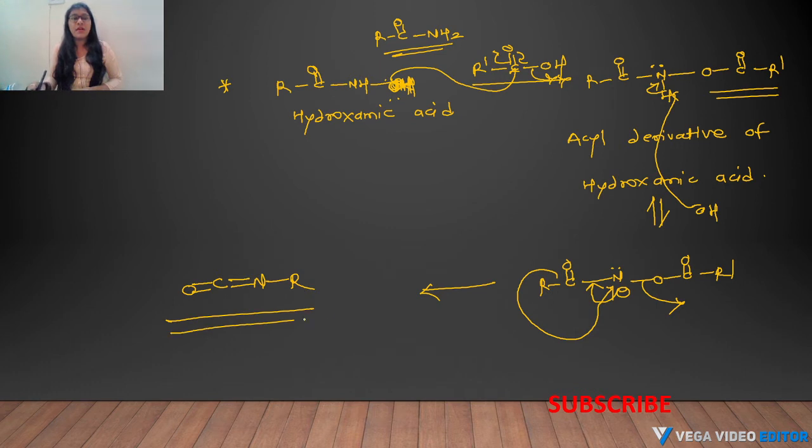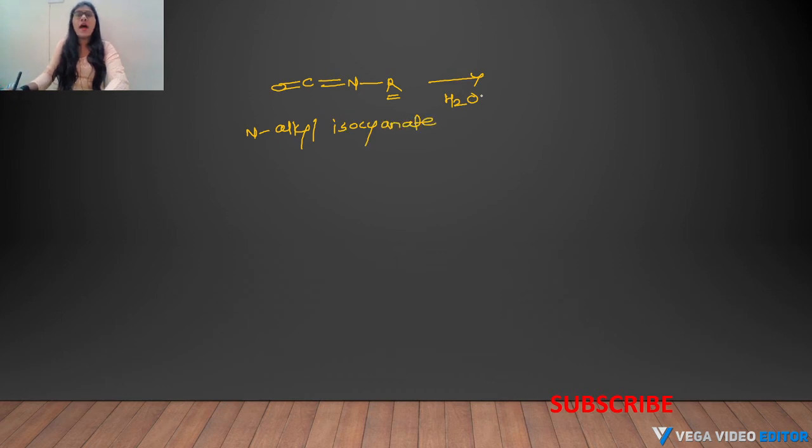This is the intermediate, which is the same for Hofmann rearrangement, Curtius rearrangement, Schmidt rearrangement. Here alkyl group is attached to the nitrogen, therefore name is N-alkyl isocyanate. It undergoes hydrolysis.